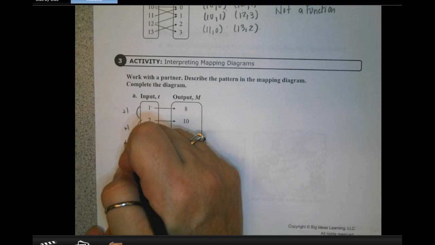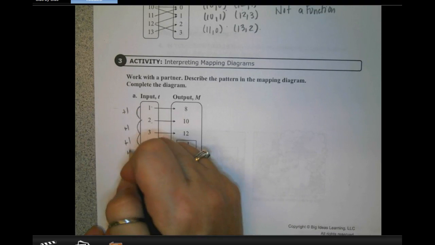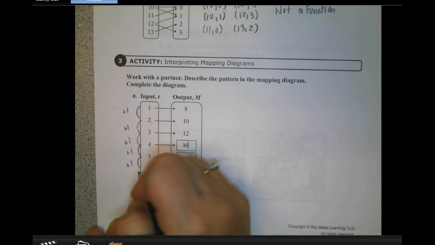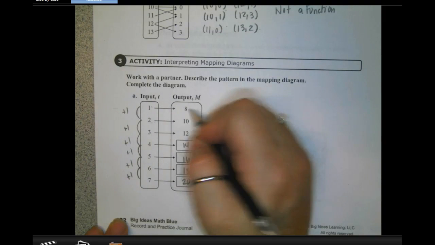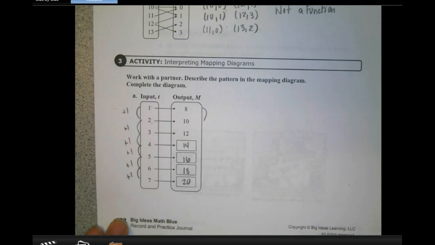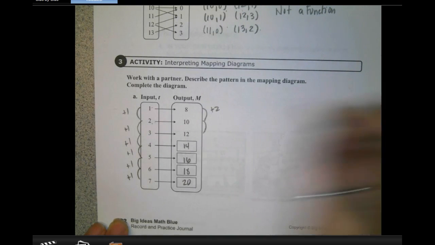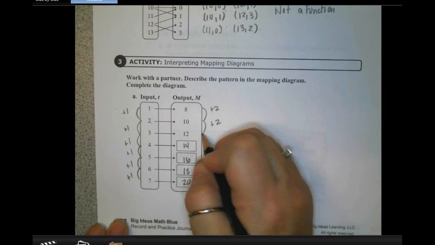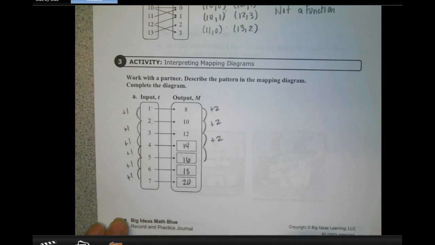It increased by 1. From 4 to 5? So pretty much for my input, every time it went up by 1. So let's look at my output. From 8 to 10? Plus 2. From 10 to 12? Plus 2. From 12 to 14? Plus 2. From 14 to 16? Plus 2.